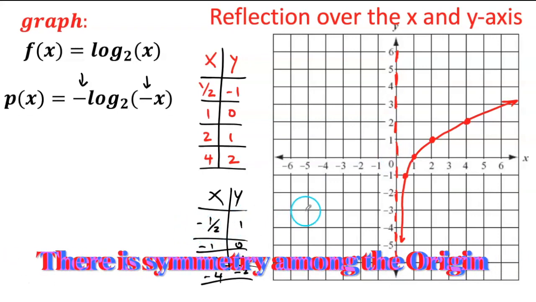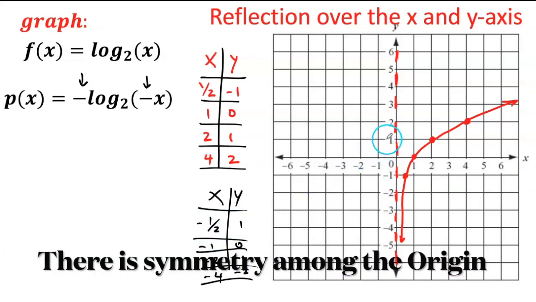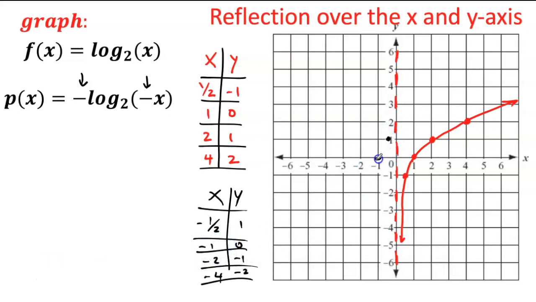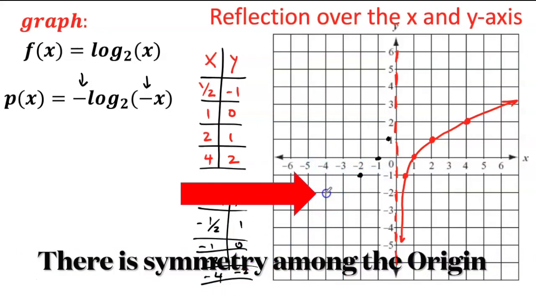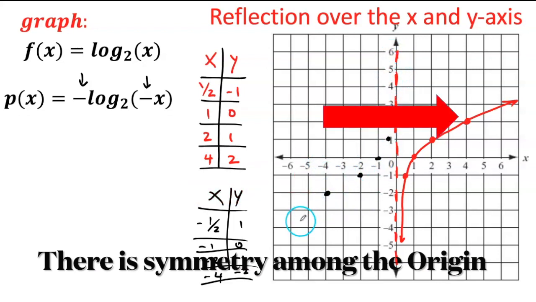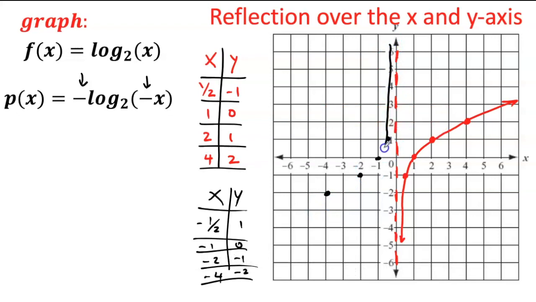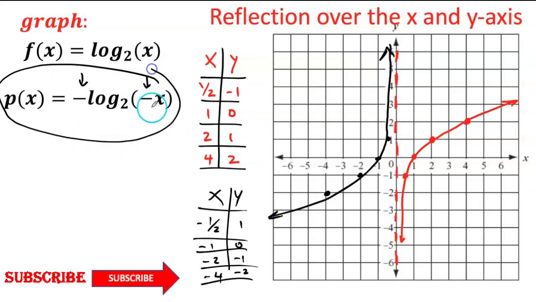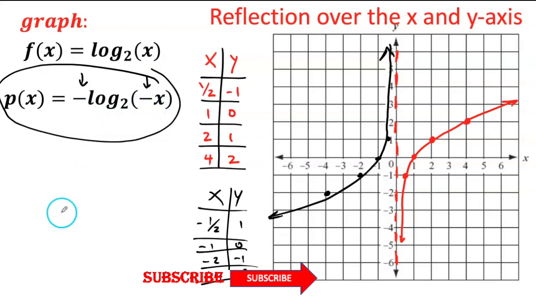So negative 1/2 is 1, negative 1 is 0, negative 2 is negative 1, negative 4 is negative 2. And as you can see, the trend goes like this. You always start at the asymptote. And this is the graph when the x and the y are negatives.